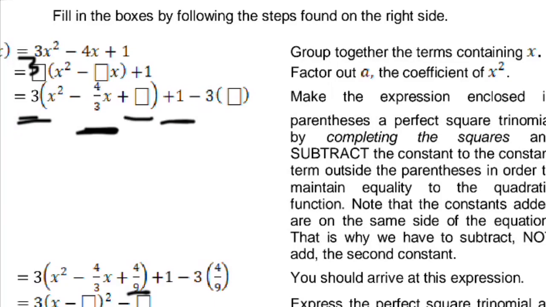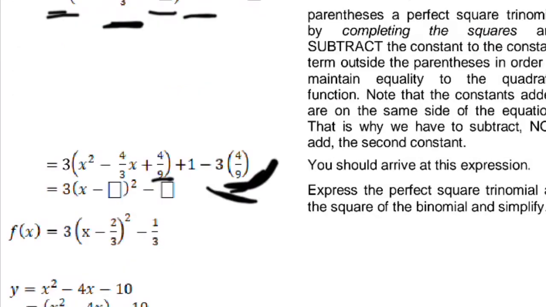Next, you're going to express x squared minus 4/3 x plus 4 over 9 as a square of a binomial. So you squared on the second step negative 2/3.